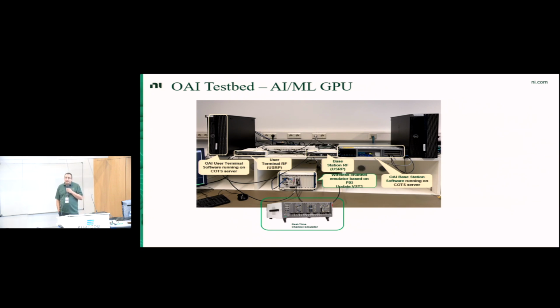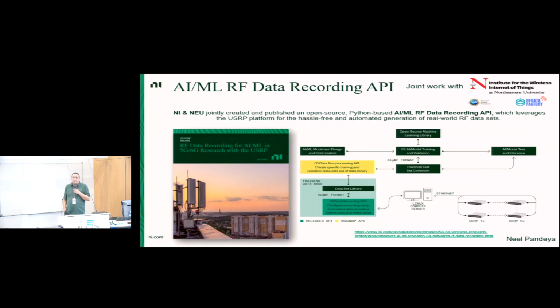It's not a USRP device, rather it's a VST, a vector signal transceiver device from NI, where the channel modeling occurs and introduces various impairments, and the DeepRX model is able to overcome those impairments and maintain the integrity of the channel and the link. We have a demo of that and a reference architecture based around that.